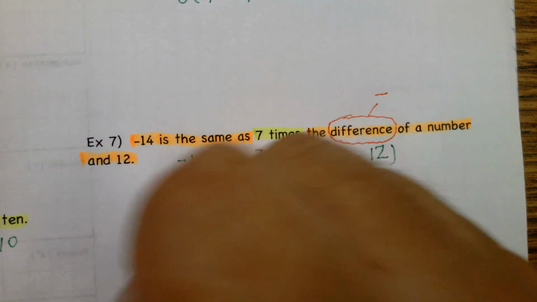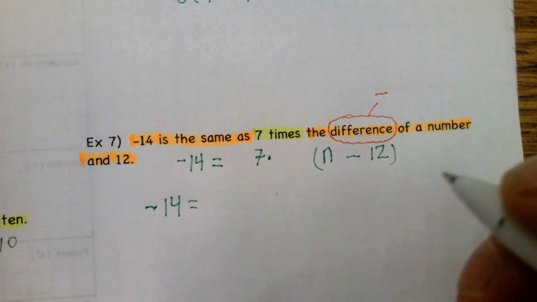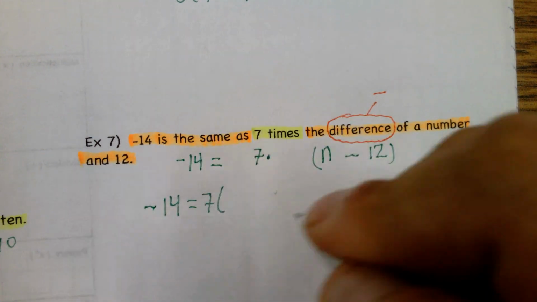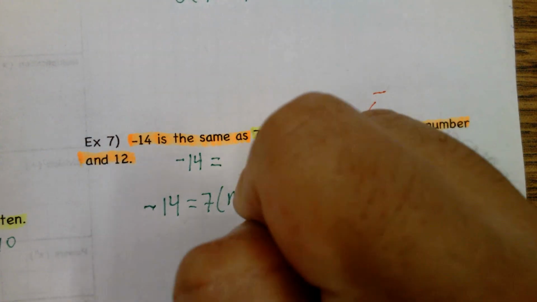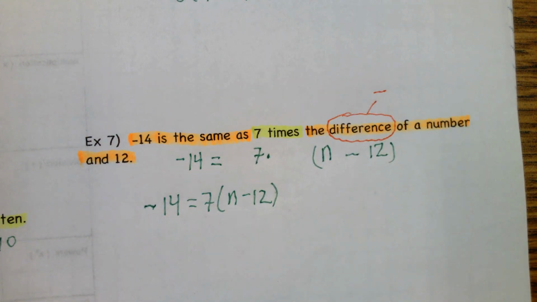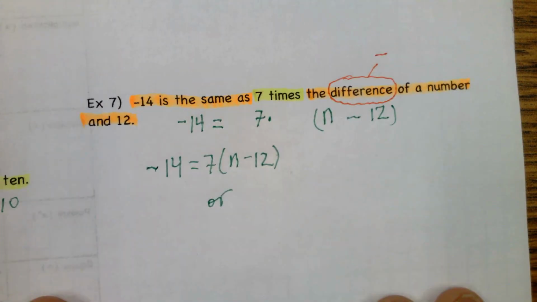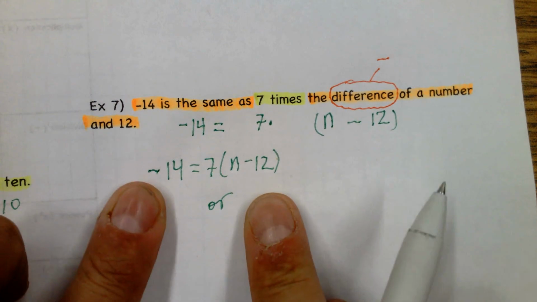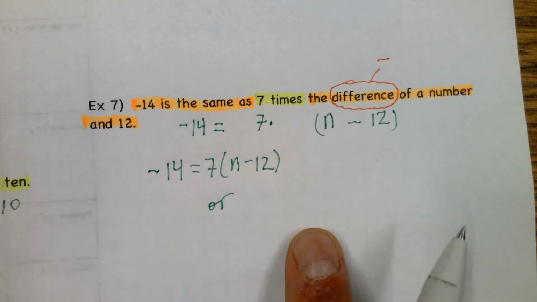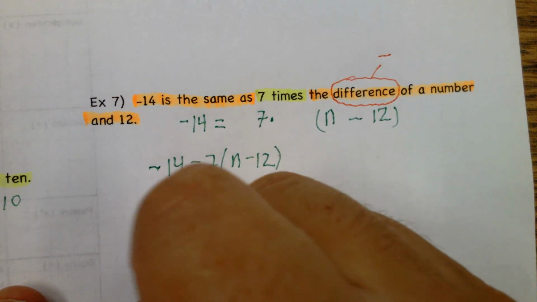We got negative 14 equals 7 parentheses n minus 12. We got to use the distributive property there. Or, again, I like what it equals to on the other side, so I might write it this way.